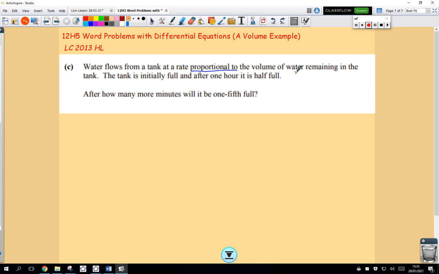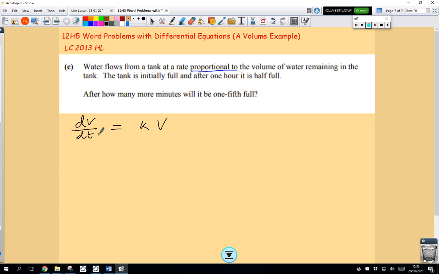So it says water flows from a tank at a rate proportional to the volume. So it's saying the water flowing from the tank is proportional to the volume of water remaining in the tank. So I'm going to let V equal the volume of water, and the rate at which it's flowing from the tank will be some constant multiplied by that V. The rate at which it's flowing is the rate of change of volume with respect to time.